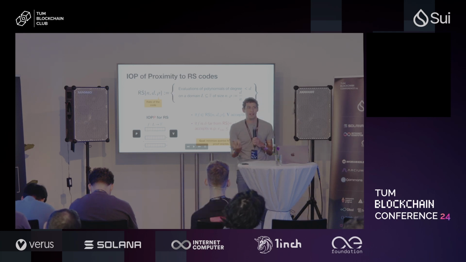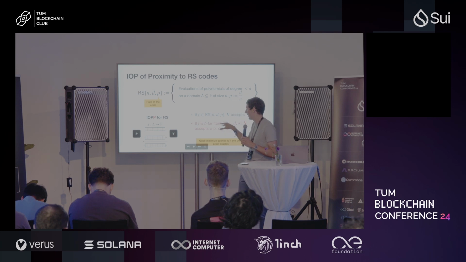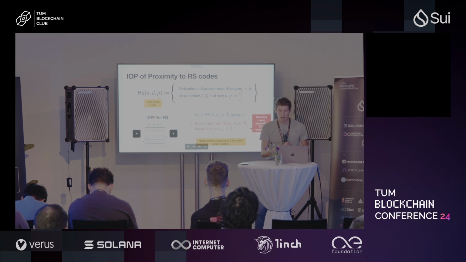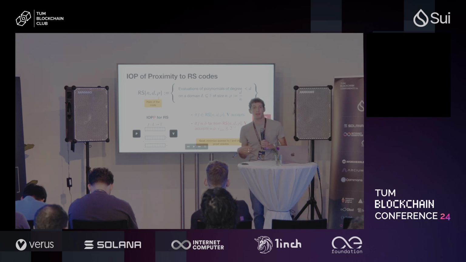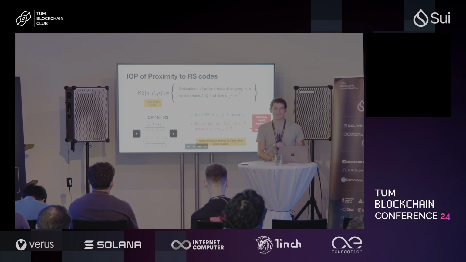Since I cannot read all of the input, I have no hope of actually checking whether f is a Reed-Solomon codeword. So all that I can really give is some proximity guarantee. Also note that the soundness notion we're looking for here is round-by-round soundness, which is required because otherwise the resulting argument at the top will not be secure after Fiat-Shamir. If you know what that means, that's good, otherwise don't worry about it.